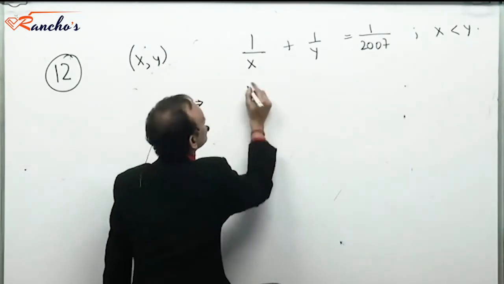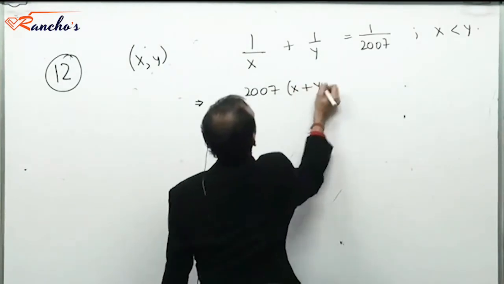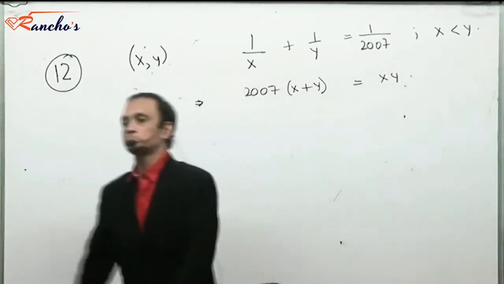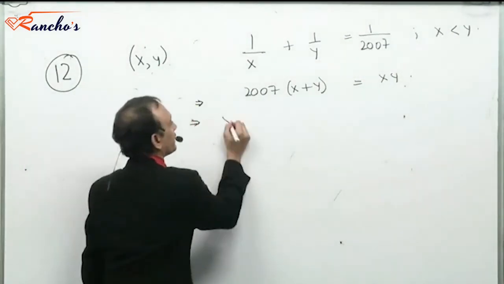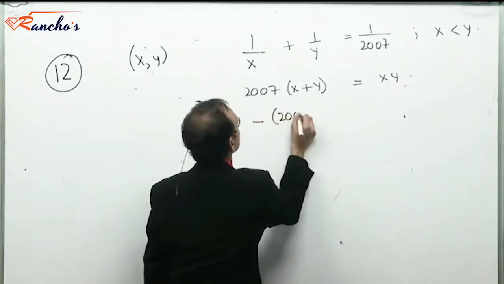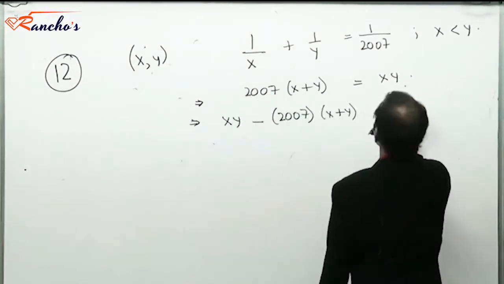So this is 2007(x + y) = xy, yes or no? Or xy minus 2007(x + y) equals 0.